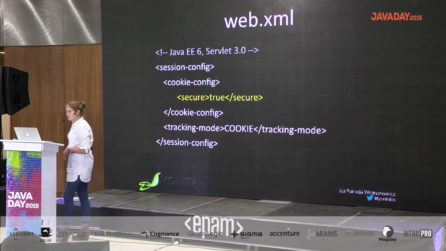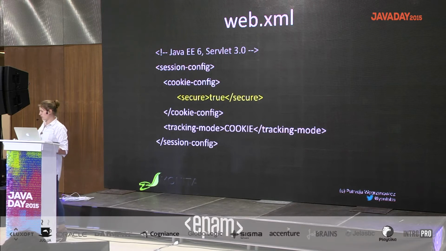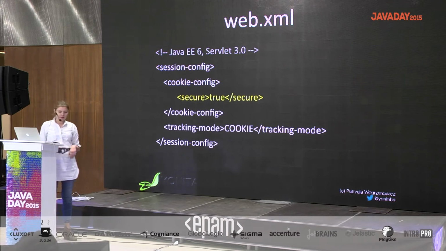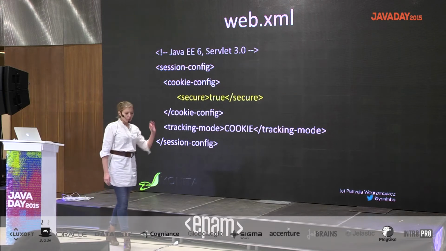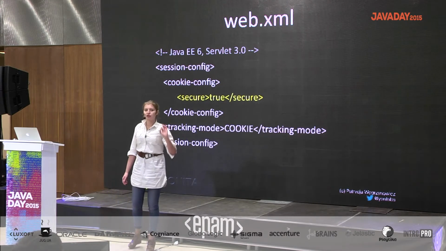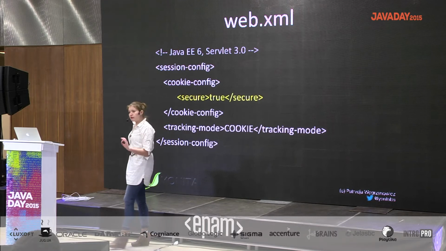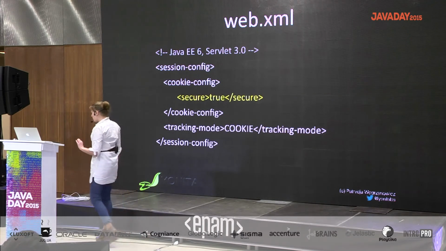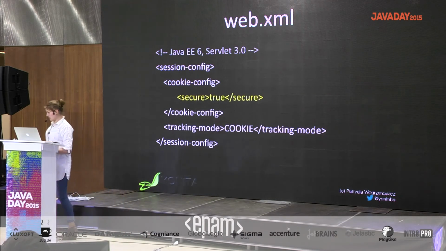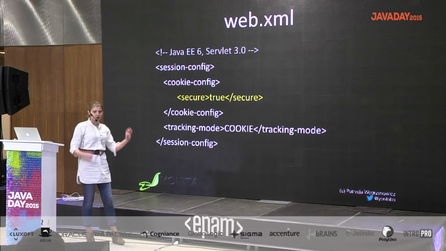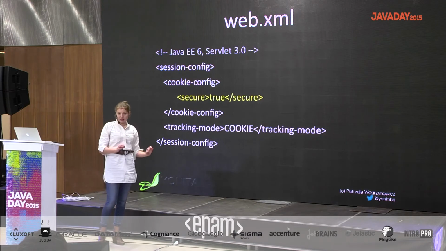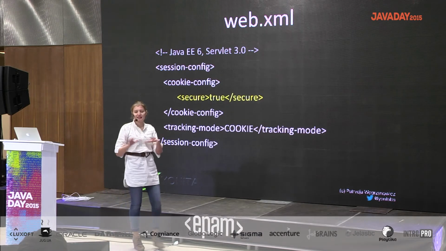Another thing is to configure the secure flag for our cookies. What does it mean? Secure flag means that cookies will not be sent over unsecure channels. That's very important. Why? Because sometimes it happens that we serve content over HTTPS and HTTP. So we mix that.